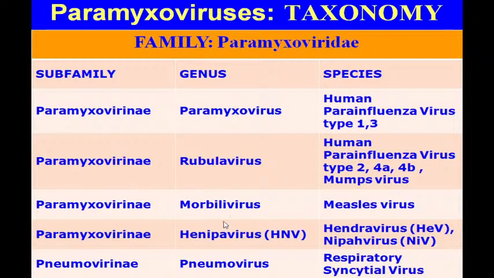Then we have genus Morbillivirus with only 1 virus, that is measles virus. We also may have some new viruses there, for example, Henipavirus. We won't discuss it very much because it's comparatively new. And then we have the next subfamily, Pneumovirinae, with 1 genus Pneumovirus, the respiratory syncytial virus.